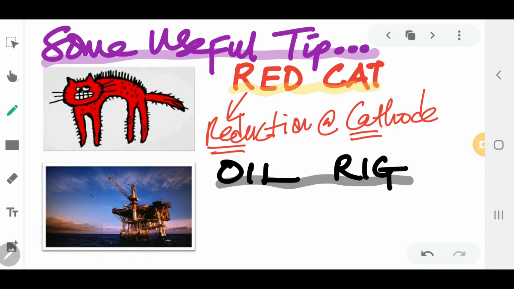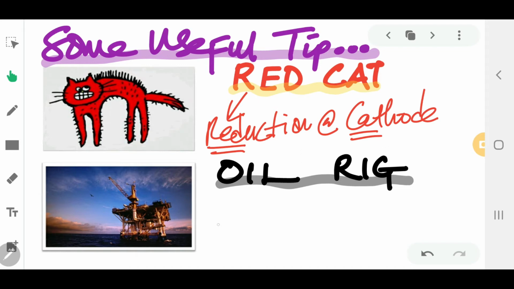Red cats. Remember red cats. Remember reduction happens at cathode. So if you can remember reduction is taking place at the cathodes, automatically you will be able to remember that oxidation will take place at the anodes, because reduction and oxidation, they are the opposites of one another.